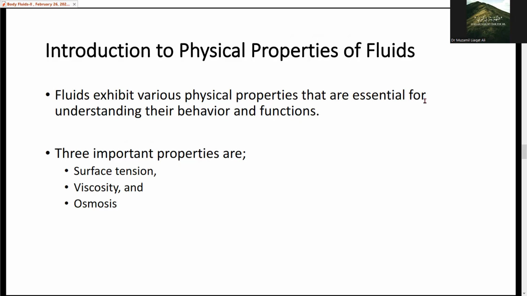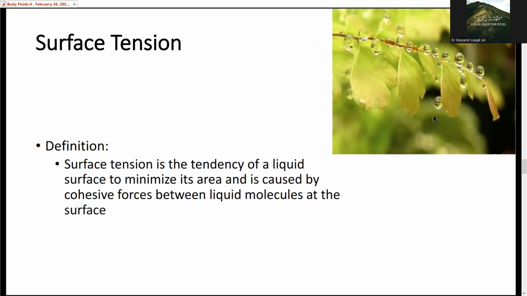The tendency of a liquid surface to minimize area due to cohesive force, right? That is the definition of surface tension. Water forms droplets due to surface tension, as you can see in the illustration.